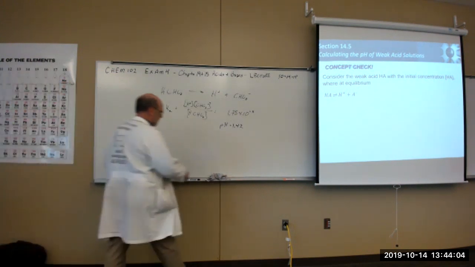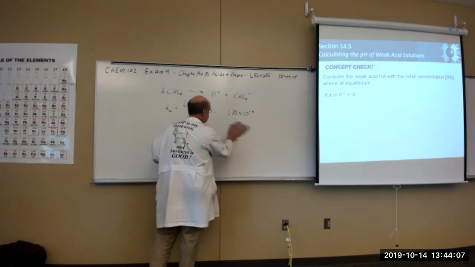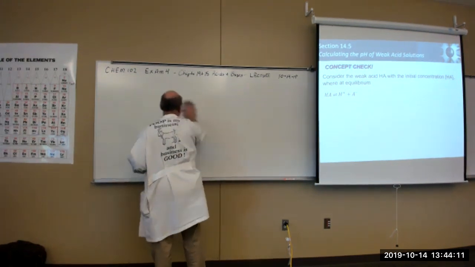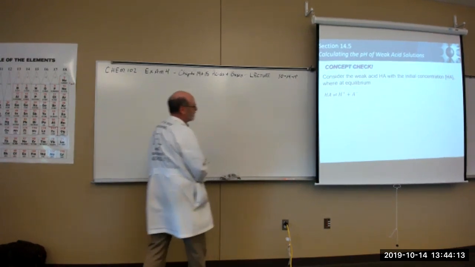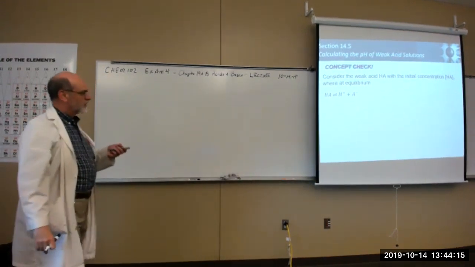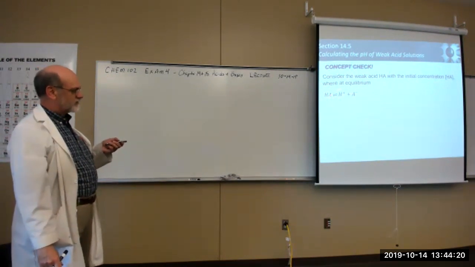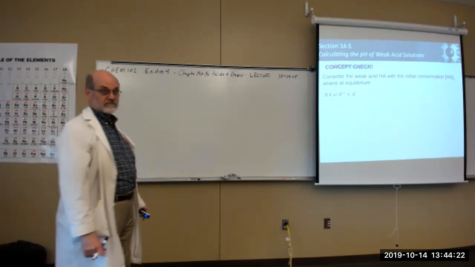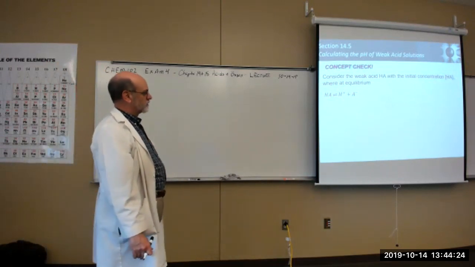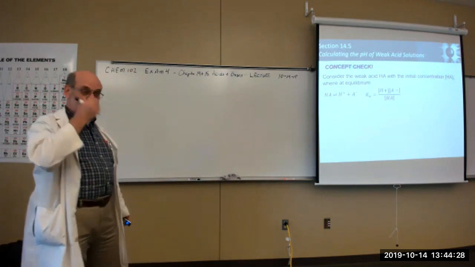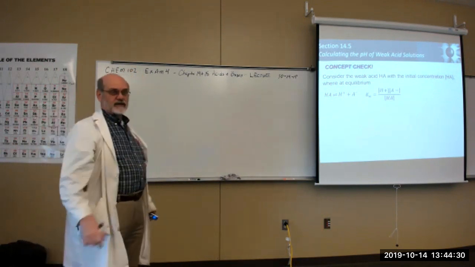So we have this generic acid, HA. And it dissociates. We don't know how much it dissociates yet, but that is a possible reaction in aqueous solution. So we'd write the Ka for that one as H times A minus divided by HA.